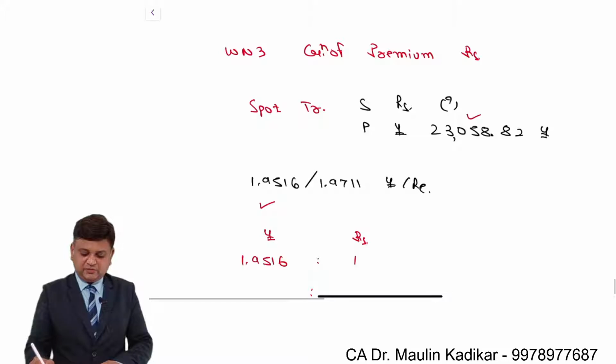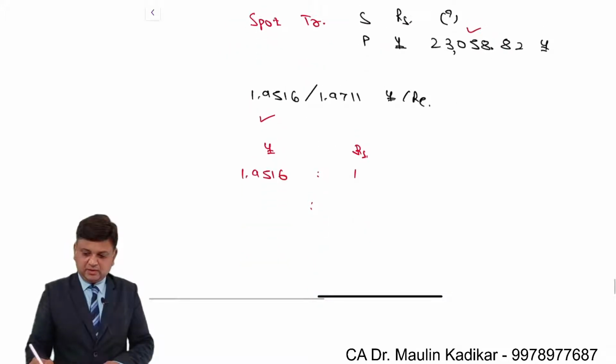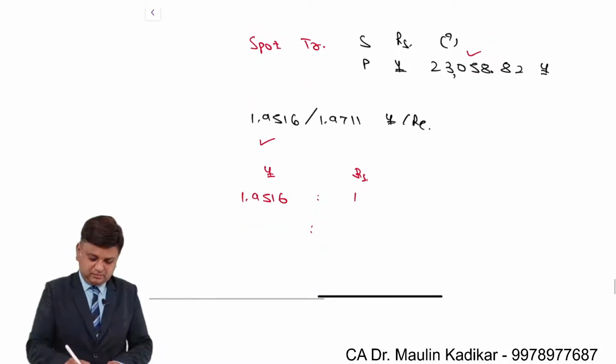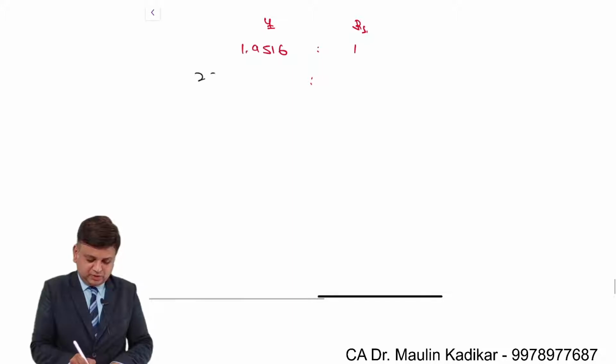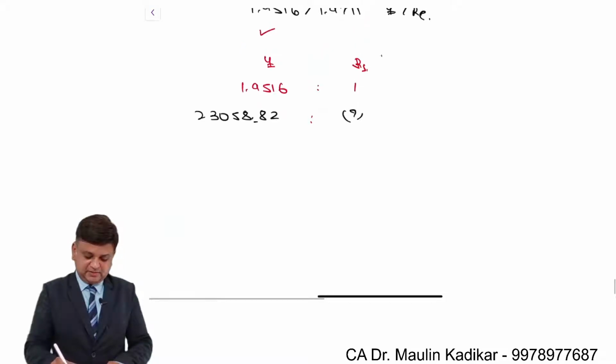So 23058.82 yen is equal to this amount of rupees.